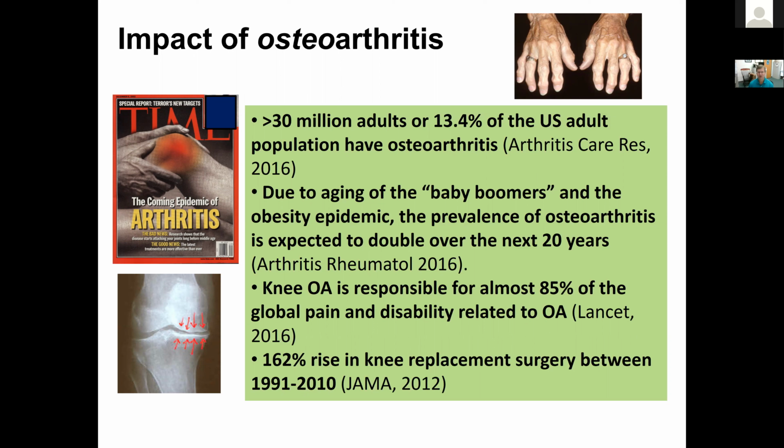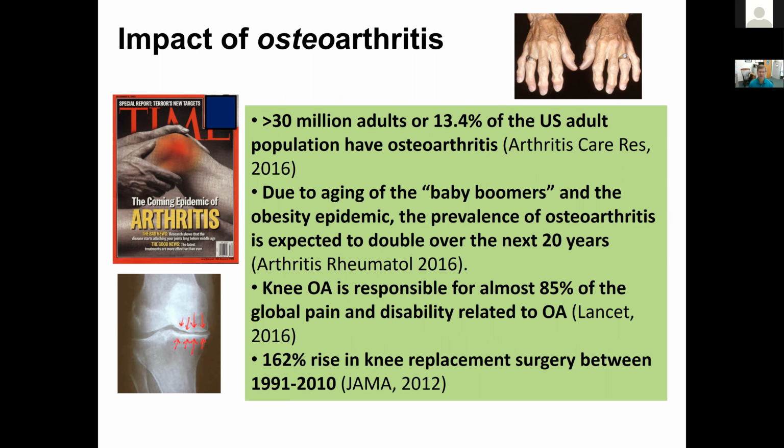And a large reason for this is that we do not have any interventions for osteoarthritis that have actually been proven to slow the disease progression. So we have some treatments that are symptomatic and can improve function, but in terms of actually targeting the disease process, we don't have anything right now.